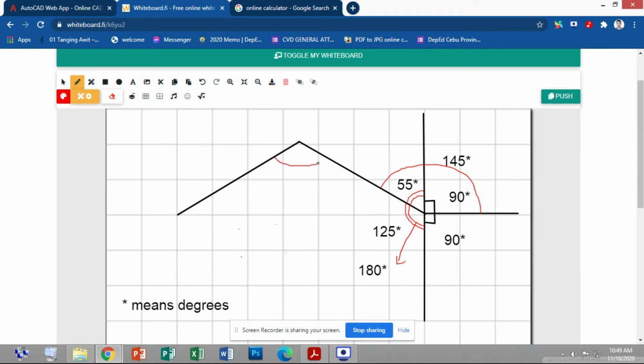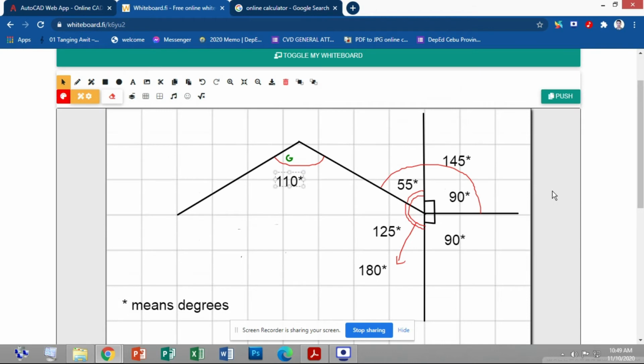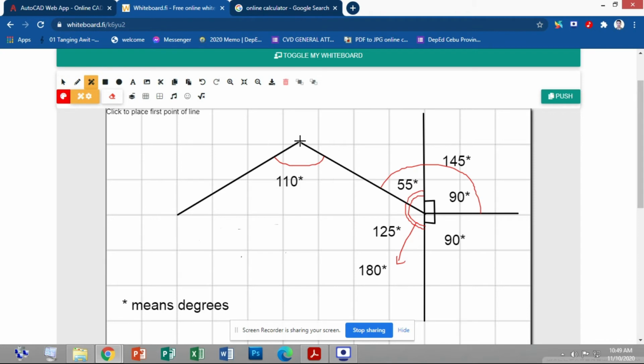That point to that point, that is 110 degrees. Now, our problem is that kasi si AutoCAD, dito siya magsisimula sa ating first quadrant, which is that one. So, our next problem here is itong angle from this side to this side.